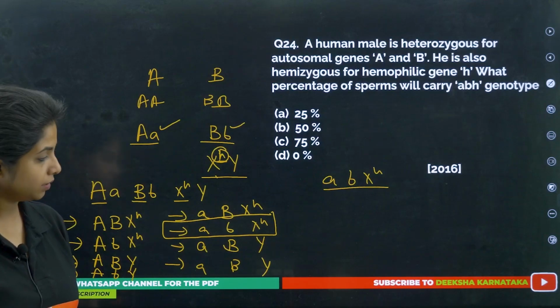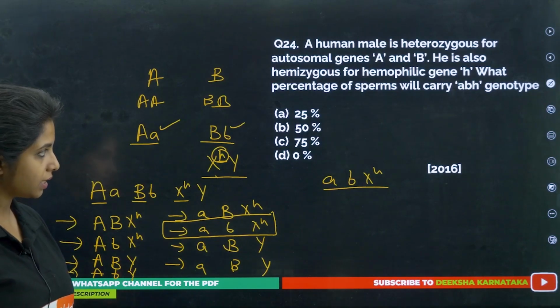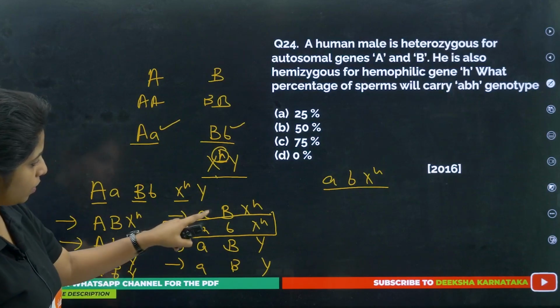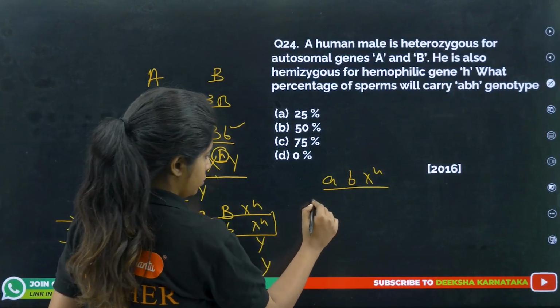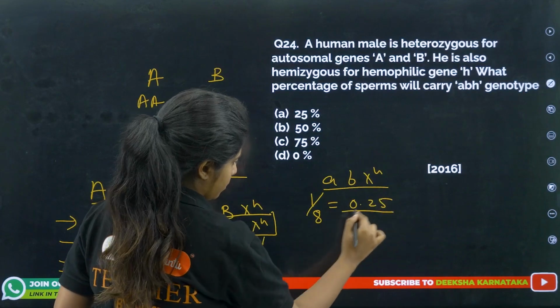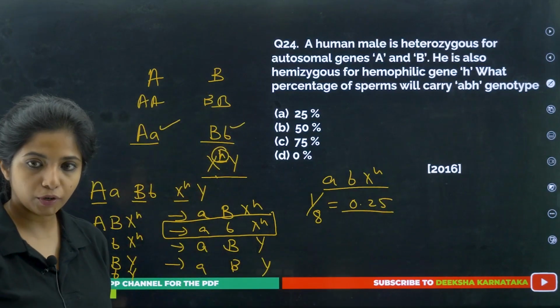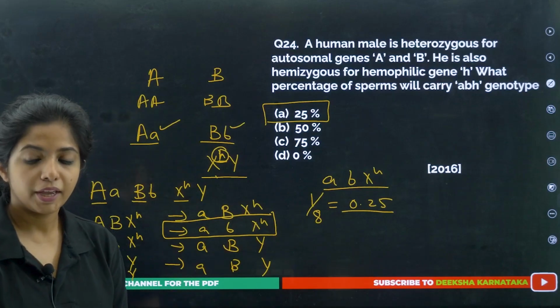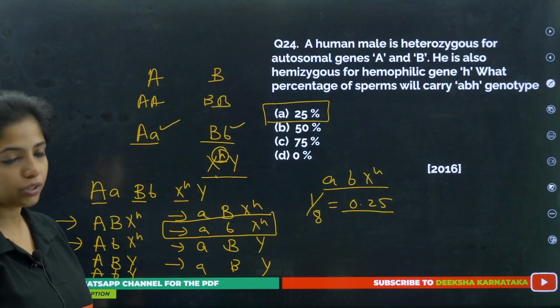Got it? Did you get it, my dear children? So, how many? 1, 2, 3, 4. 1, 2, 3, 4. So, almost 0.25. That means 25% of them will be having this particular gene.